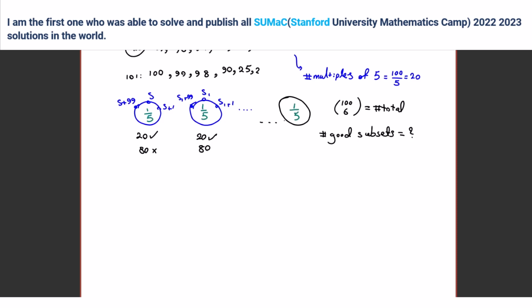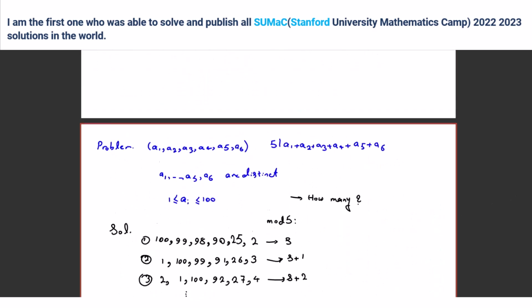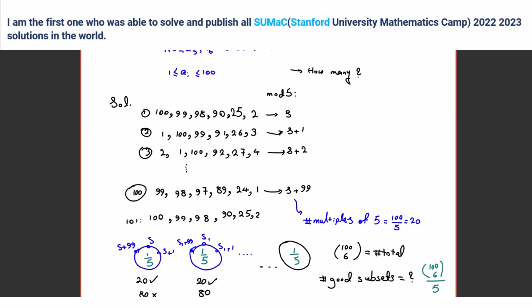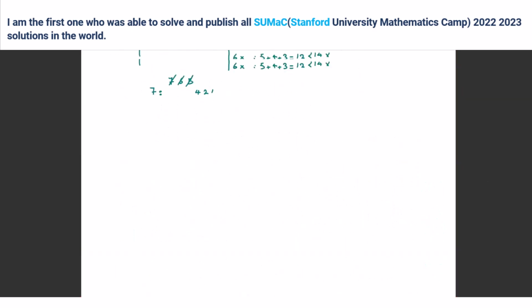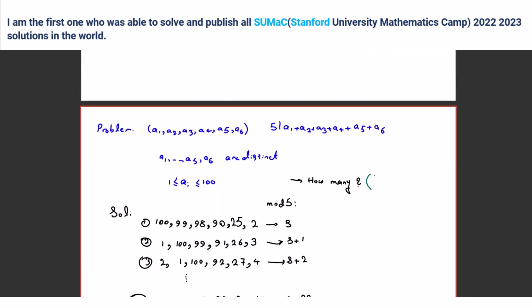So can you tell me how many good subsets are there? 100 choose 6 over 5, right? Total over 5. Do you understand completely why we divided by this and how it works?